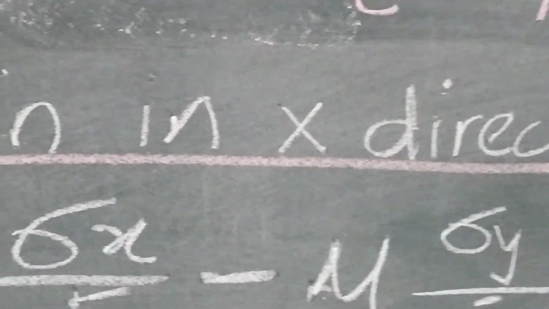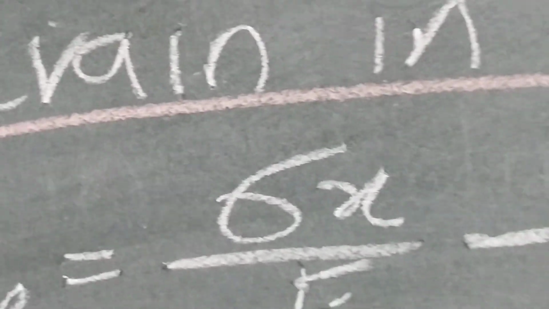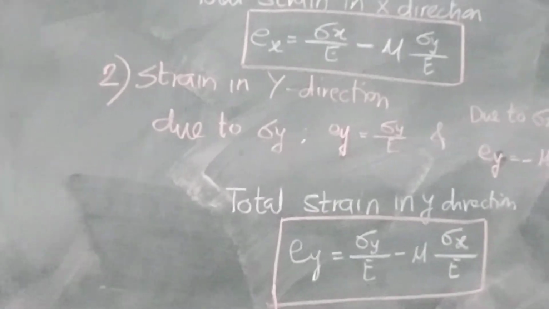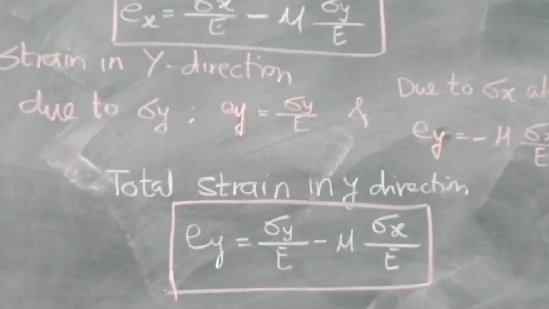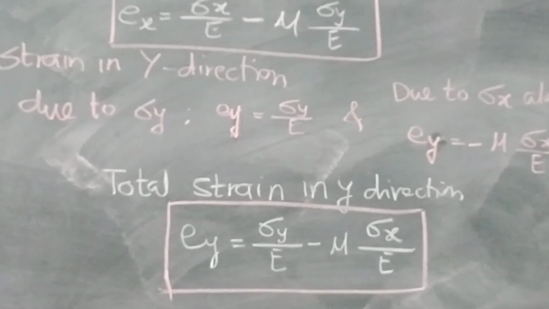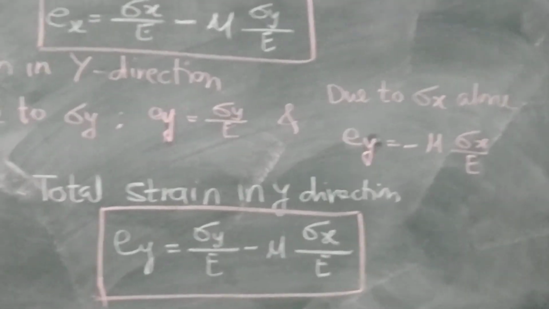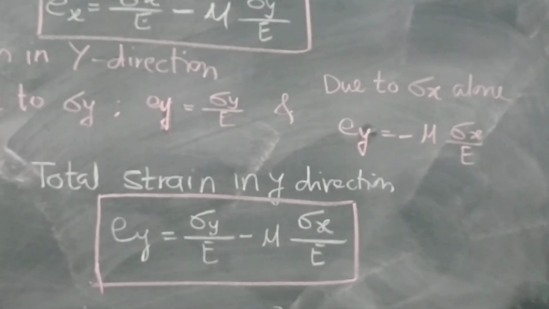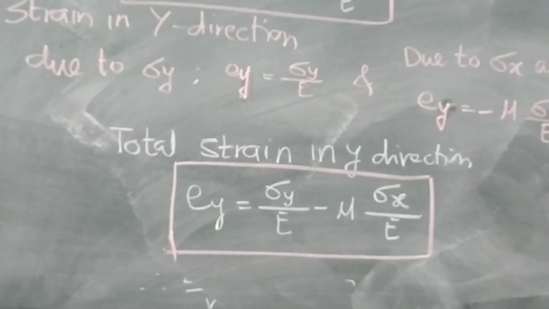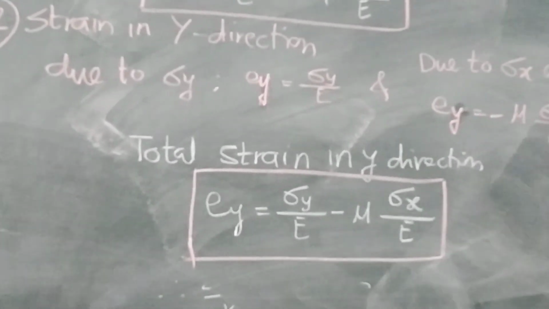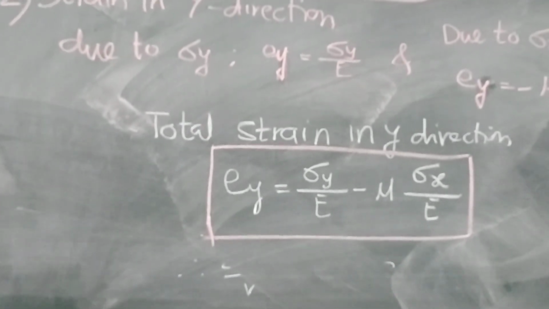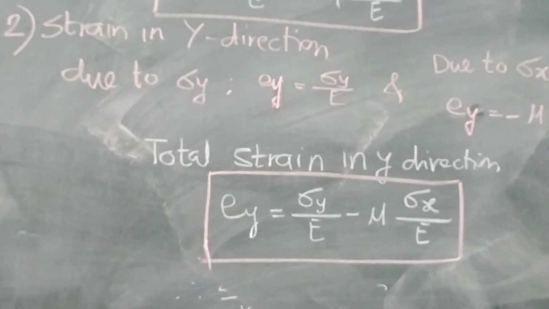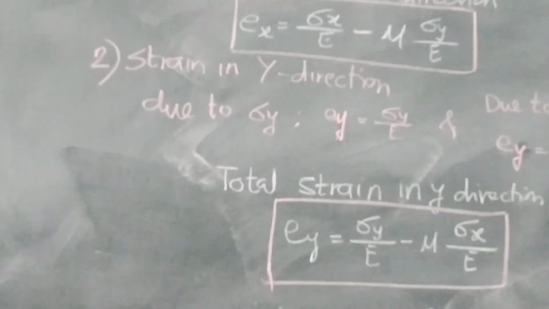So Ex is equal to sigma x upon E minus mu sigma y upon E. Now second, strain in y direction due to sigma y, Ey is equal to sigma y upon E, and due to sigma x alone, Ey is equal to minus mu sigma x upon E. Therefore, total strain in y direction Ey is equal to sigma y upon E minus mu sigma x upon E. You have to study this derivation also. This is the concept of biaxial loading.